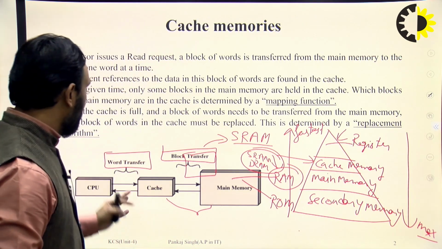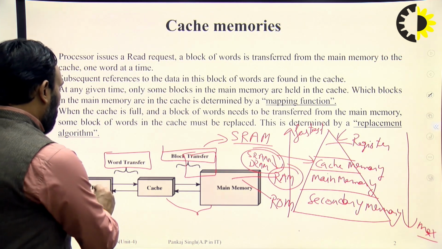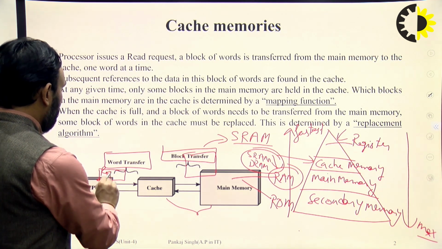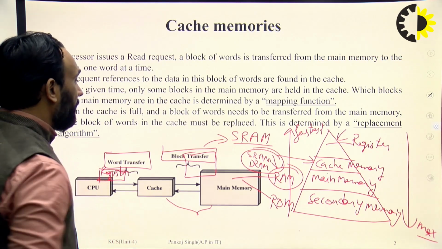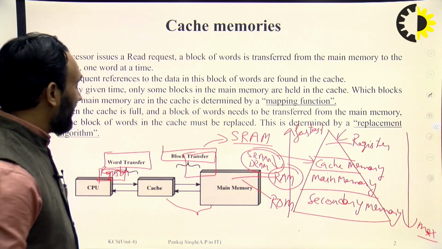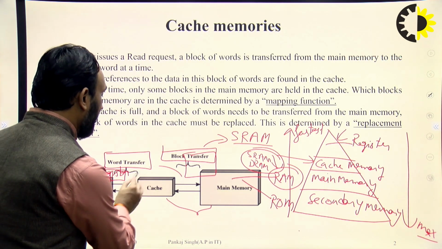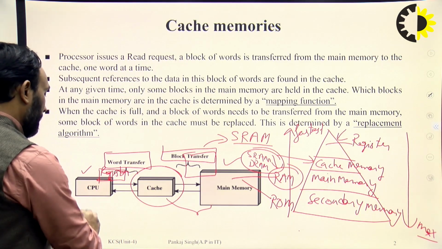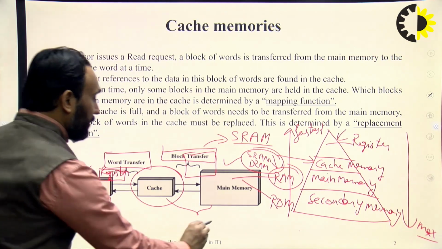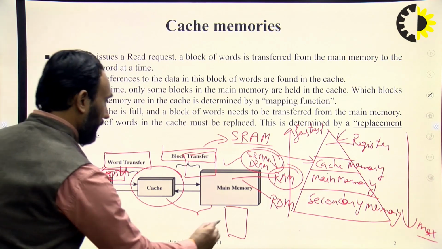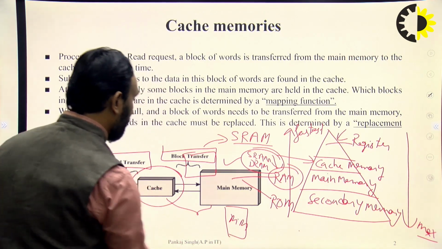So the CPU has its fastest memory, the register, and the cache memory lies in between the CPU and the memory unit, working as an interface between the CPU and main memory.